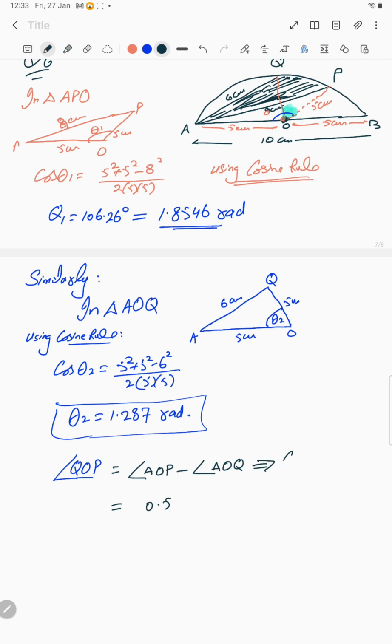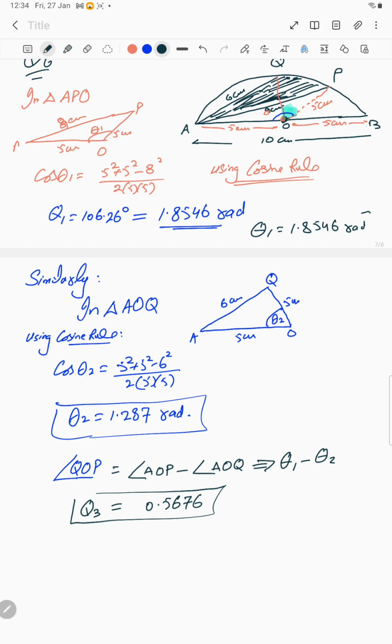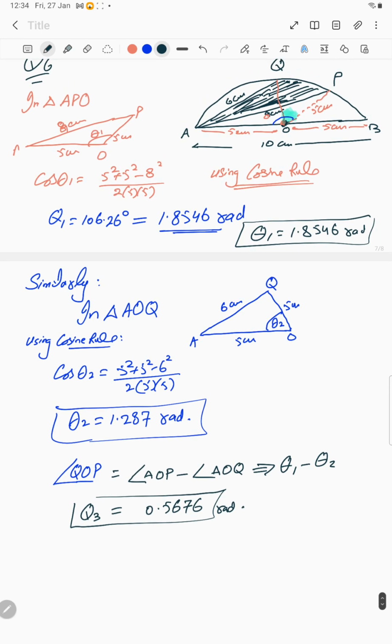In other sense, you can say theta 1 minus theta 2, 0.5676. That is the angle. I say this theta 3, for example. These are the angles what I have calculated. Theta 1 was 1.8546. That all in radian.